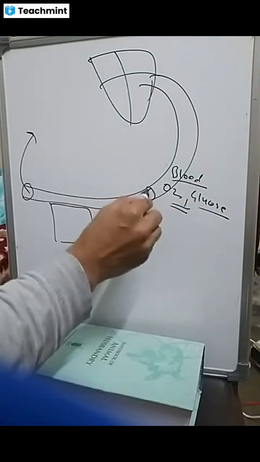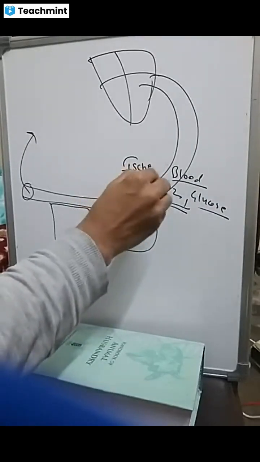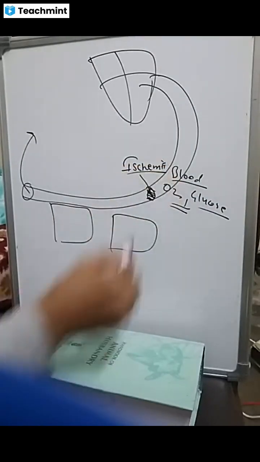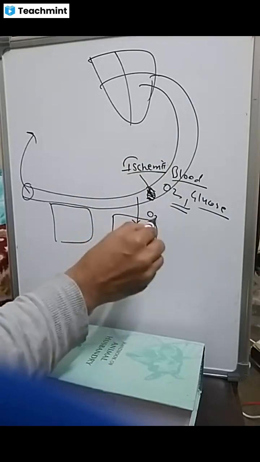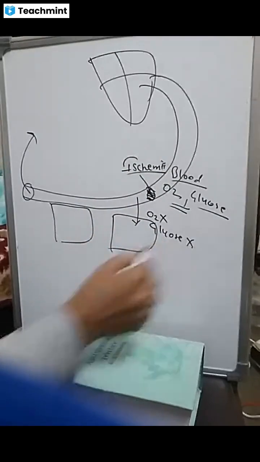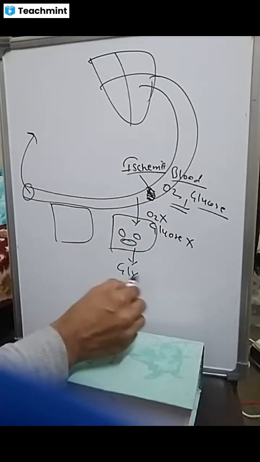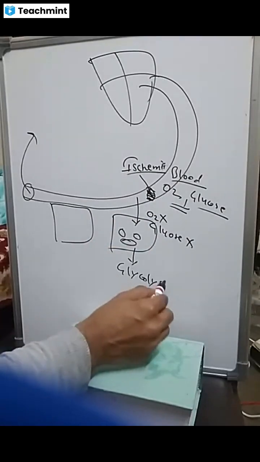If there is some obstruction, that is called ischemia. So to this cell, no oxygen is coming, no glucose is coming. So this cell will not be able to perform its glycolysis.